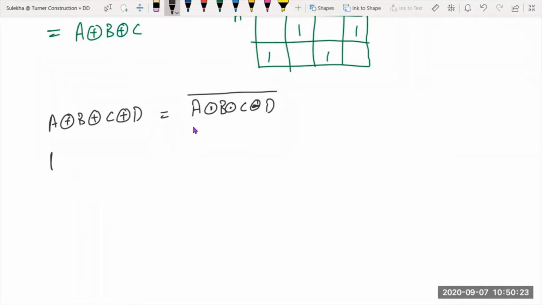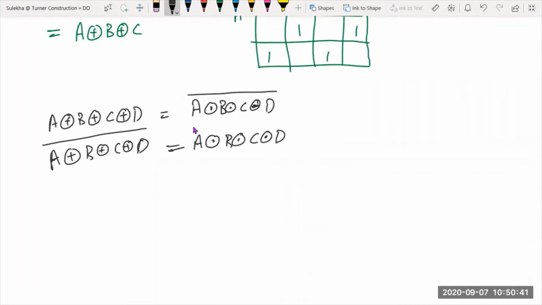Or you can write it in a different manner: if you take the complement of this one, you will get A XNOR B XNOR C XNOR D. These things you can also prove in a similar way.